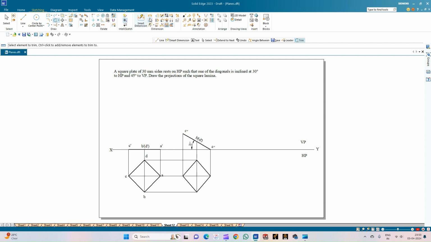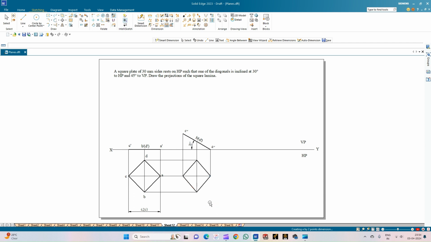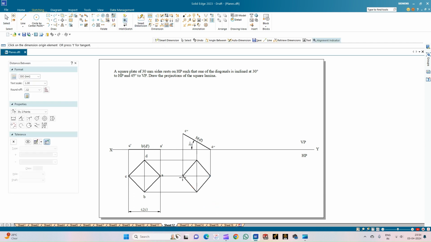Now the important point for us to observe here is, let us just try to measure the length of this diagonal here. In the initial position it is 42.43, but whereas when the square lamina is inclined to the HP at an angle of 30 degrees, you can just see that in the top view the diagonal is measuring 36.74.